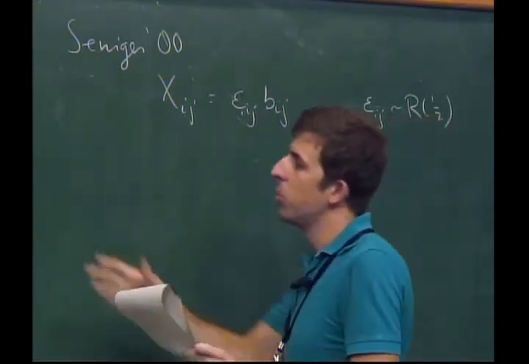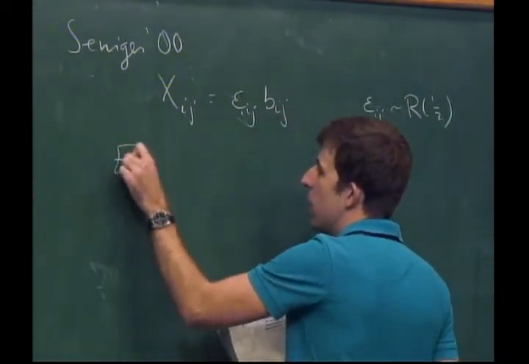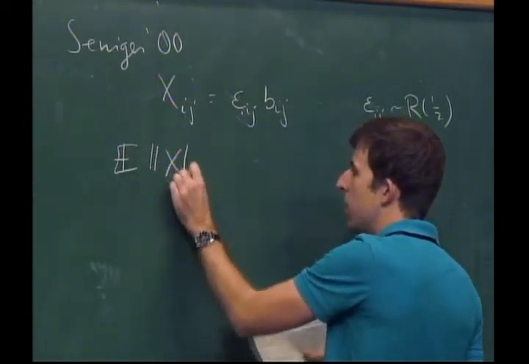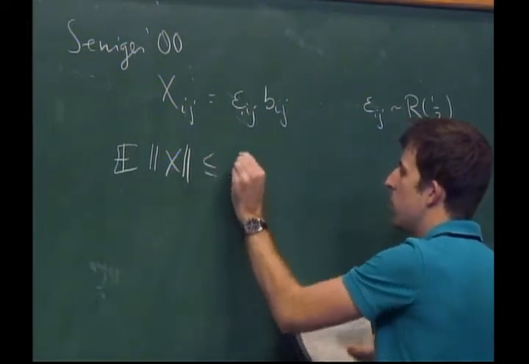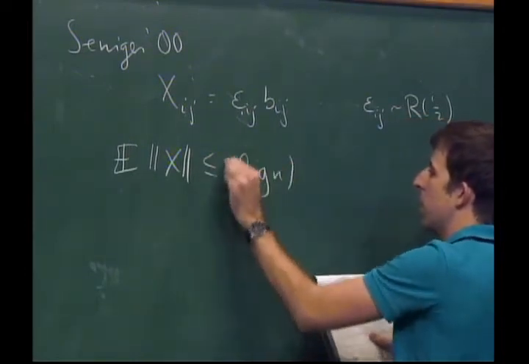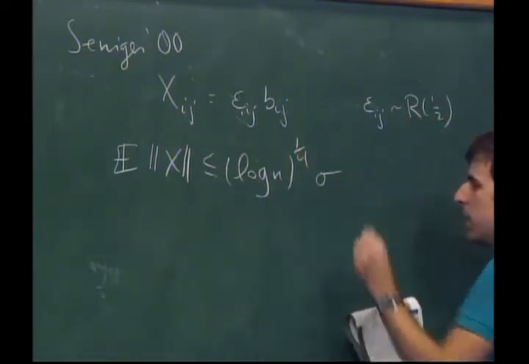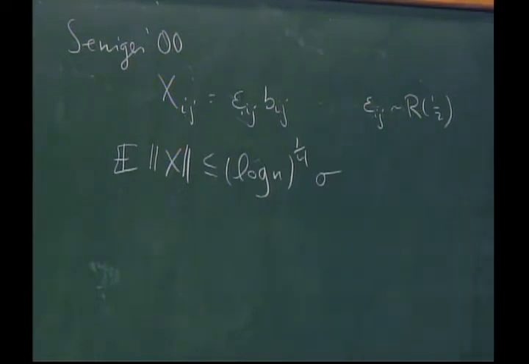Then he showed an improvement over non-commutative Khintchine, and it's sort of a mysterious thing. I'll explain the intuition later. And he gets log to the 1/4.